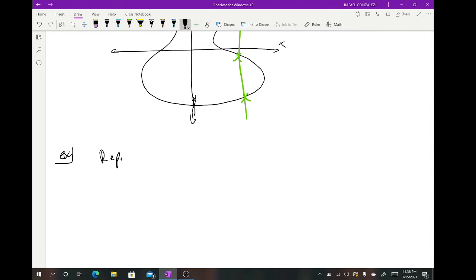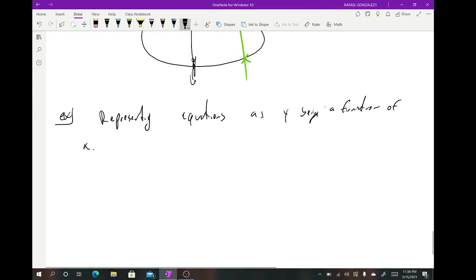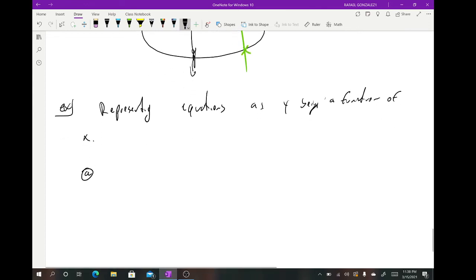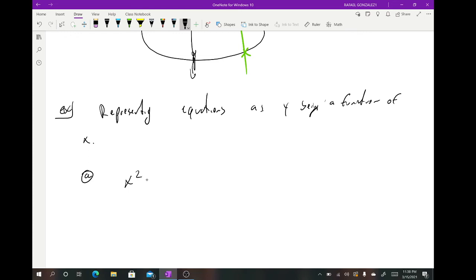So, representing equations as a function of x, y being a function of x. Take, for example, the following function. Let's say you have x squared plus y squared equals 1.